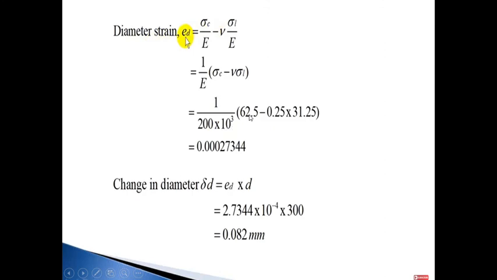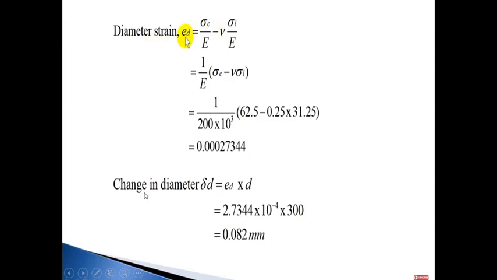Apply the circumferential stress and longitudinal stress values: 62.5 minus 0.25 into 31.25. The value is 0.0027344. That is the diameter strain value. Already you know that strain has no units.